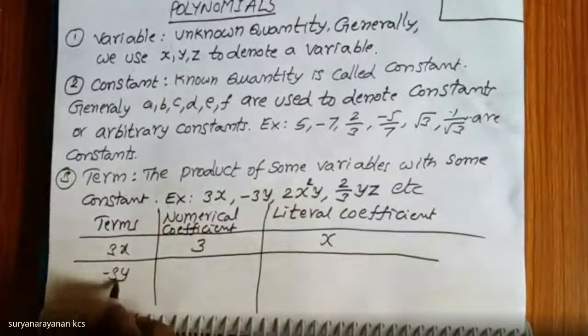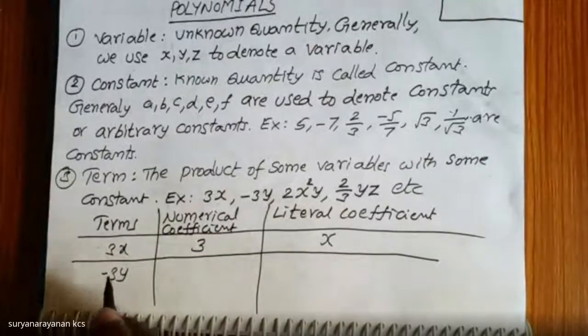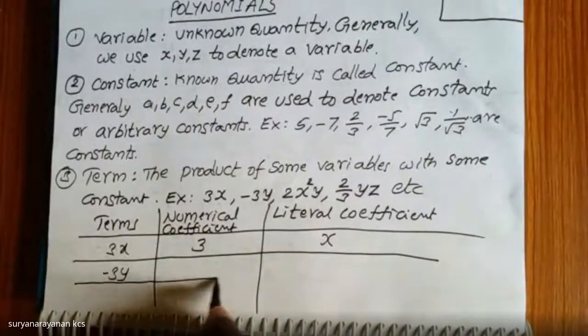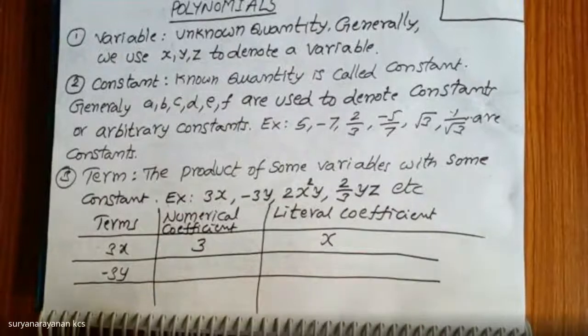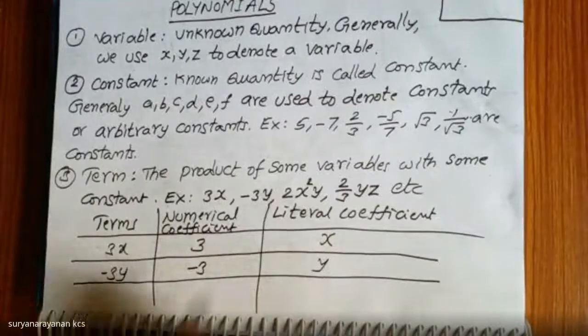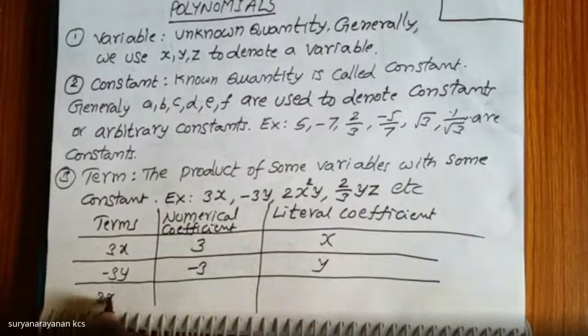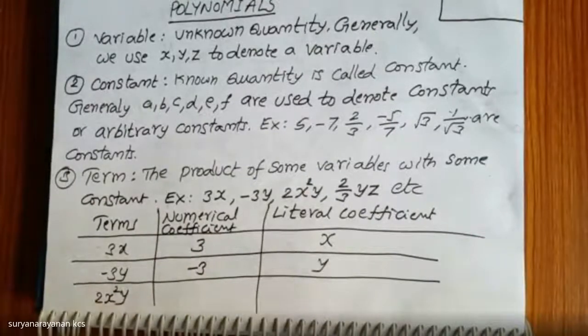Minus 3y. Can you tell me what is the numerical coefficient and what is the literal coefficient? Sir, minus 3 is the numerical coefficient and the literal coefficient is y. Yes, very good. In this example, 2x square y, what is the numerical coefficient and what is the literal coefficient?